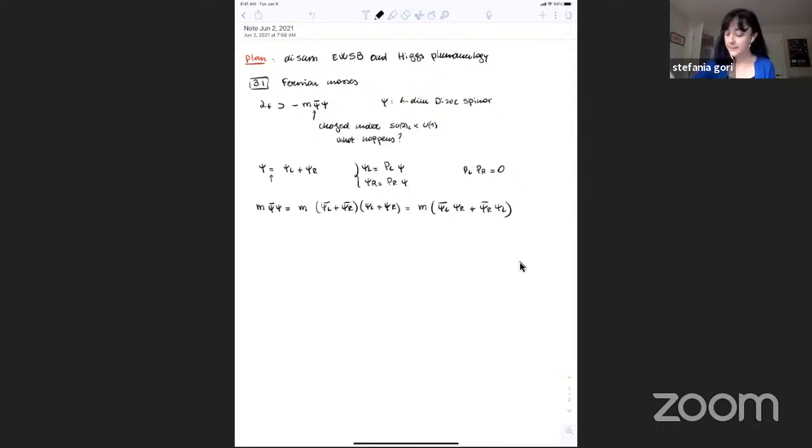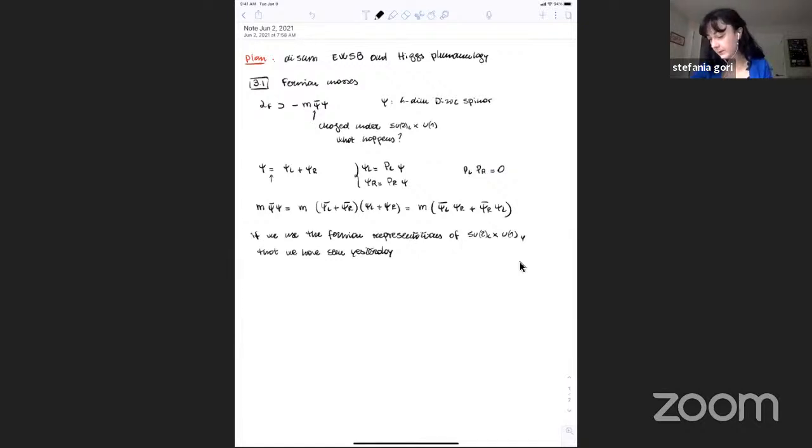So it's easy to see that if we use the fermion representations of SU(2) times U(1) that we have seen yesterday, then all combinations are not gauge invariant.